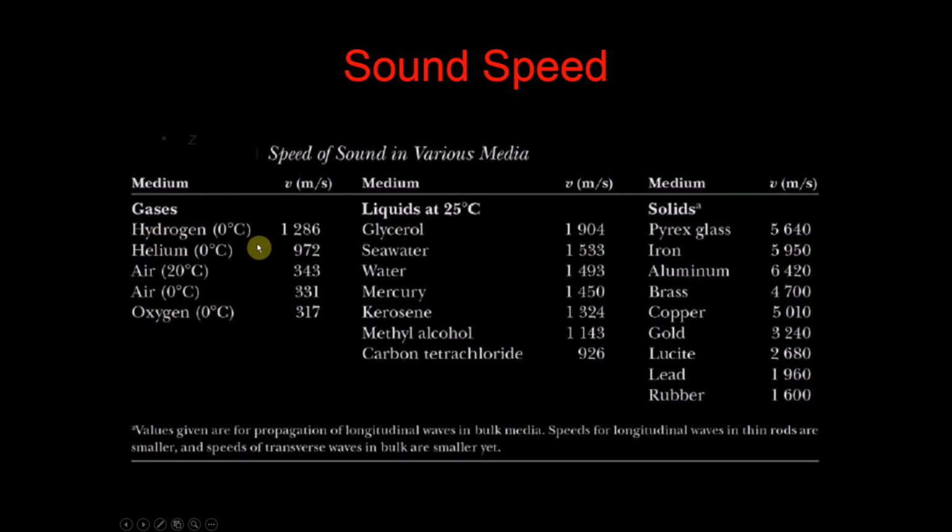So here we're looking at hydrogen, and as you can see the sound speed is much higher in something like hydrogen than it is for oxygen, and you can see 317 at 0C, very much like it is for Earth's atmosphere. Of course Earth's atmosphere is an oxygen-nitrogen mix, but oxygen and nitrogen tend to be about the same in their responses to sound. And as you can see, we're looking at much higher sound speeds here and here for solids and liquids than we are in gases.